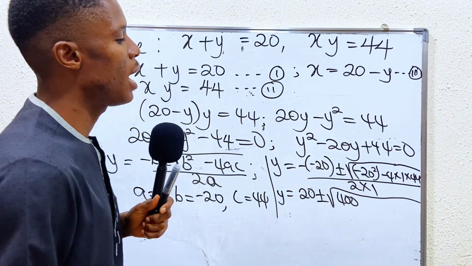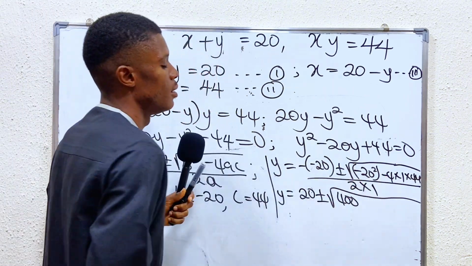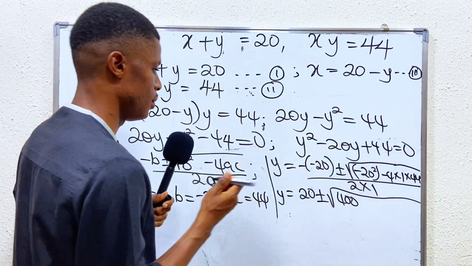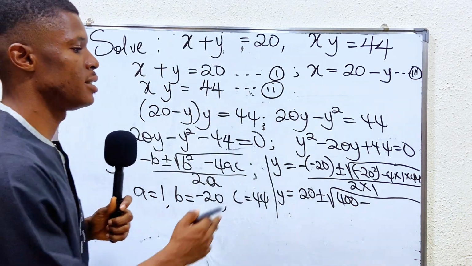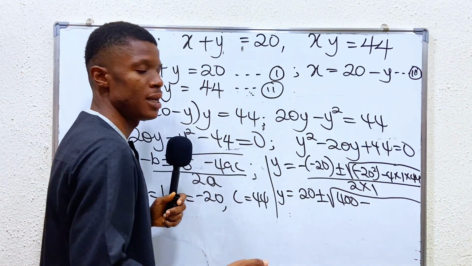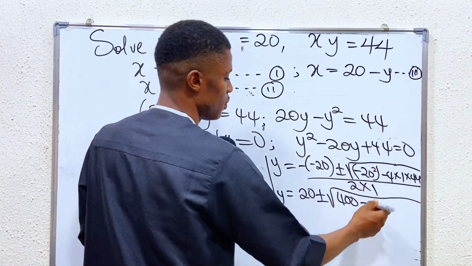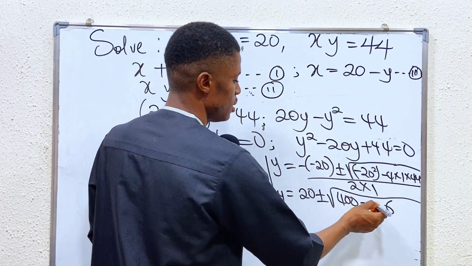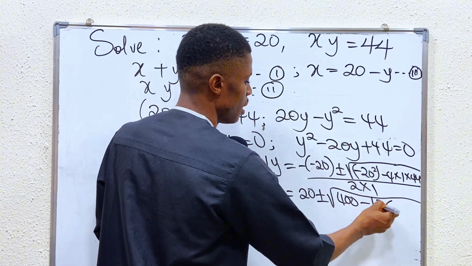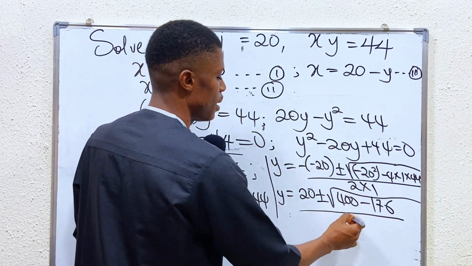Then we have minus 4 multiplying a, which is 1, so minus 4, and minus 4 times 44. 4 times 44 is 176. We have it as 176, divided by 2.